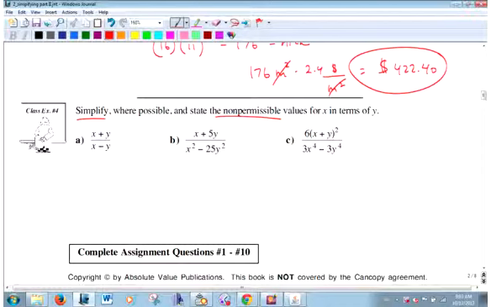Brianna? Brenna? There's two variables. Are there any numbers in the bottom? No. So, let's read the rest. Can you see that? Values for x in terms of y.